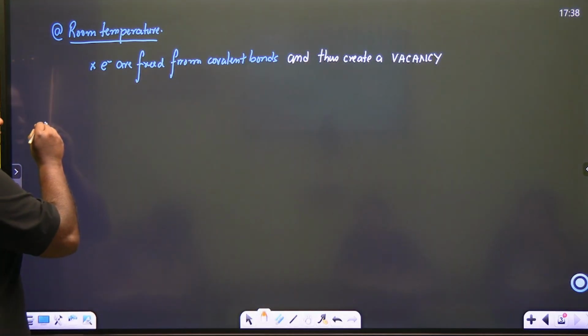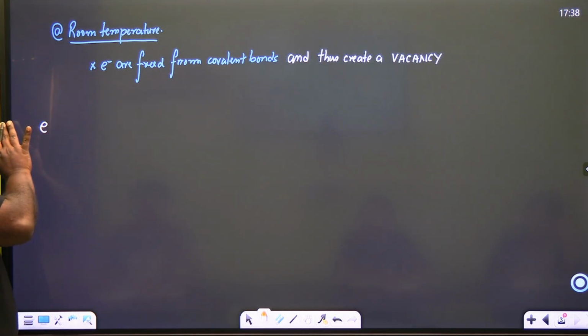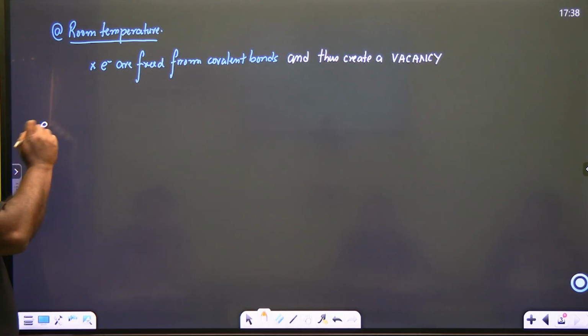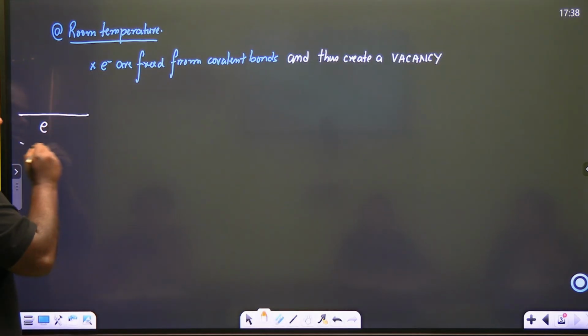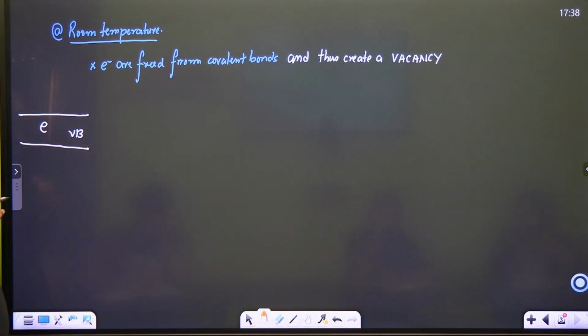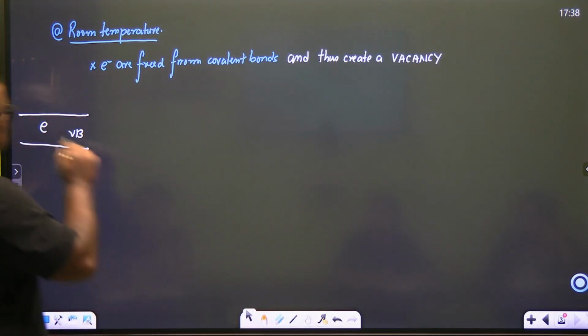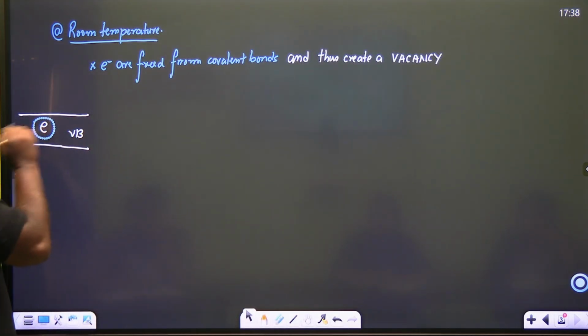I am an electron. I will not show you the bonding right now. It is bonded with somebody, and it is lying where, beta? It is lying in the valence band. Try to understand this, and you have to accept this analogy. This electron has been freed because you gave temperature.